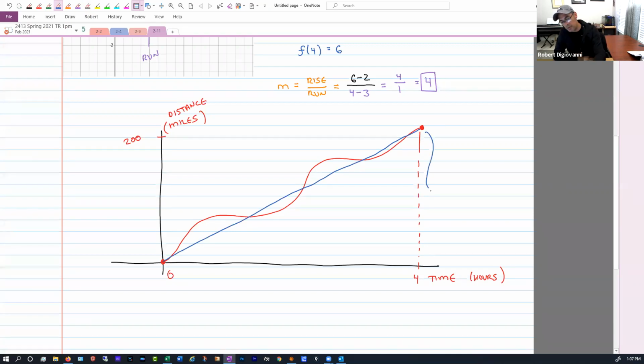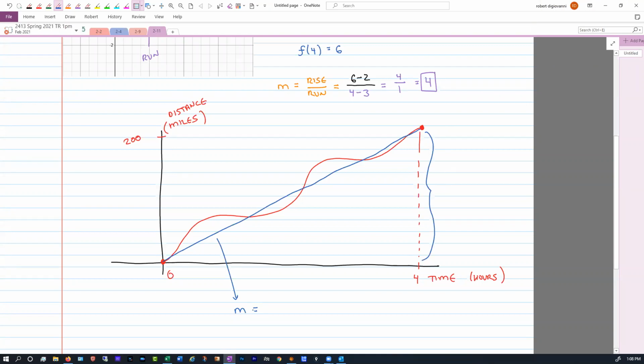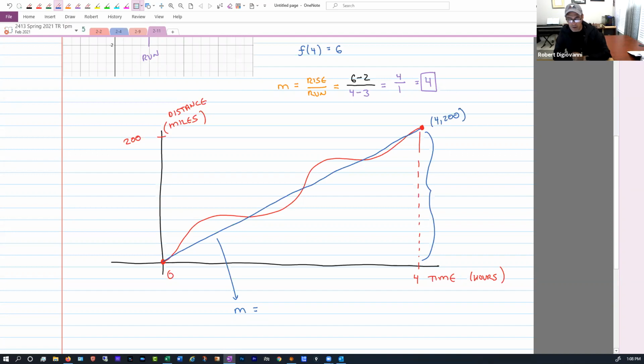So what's our rise here? So the slope of this line would be, what's the rise? 200, right? Because this is like the point (4, 200). We traveled for 4 hours, we went 200 miles. This is the point (0, 0).